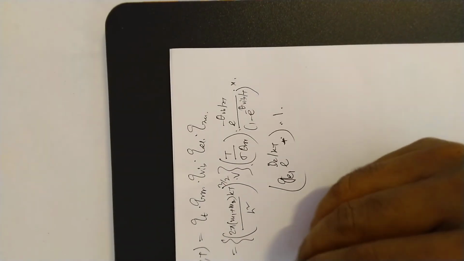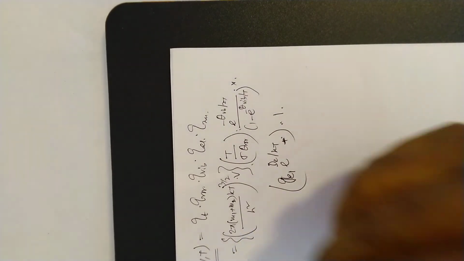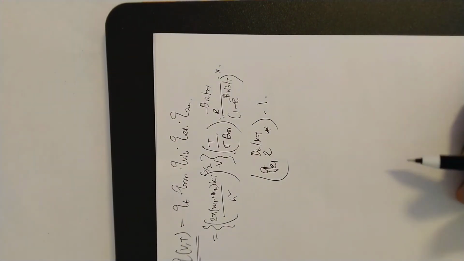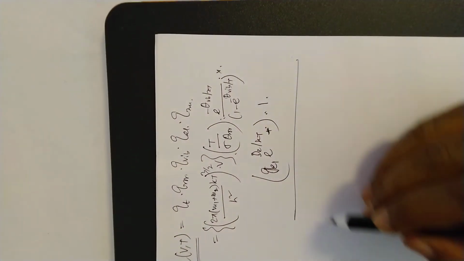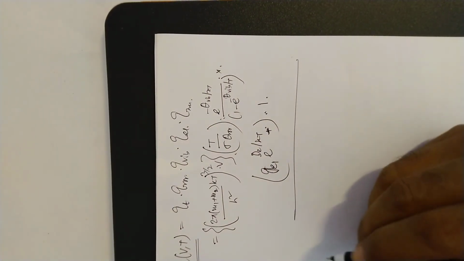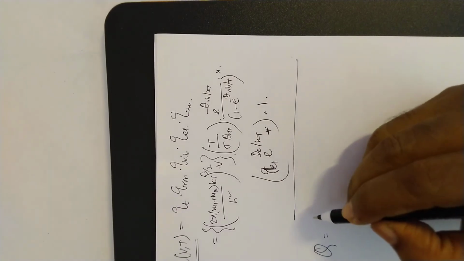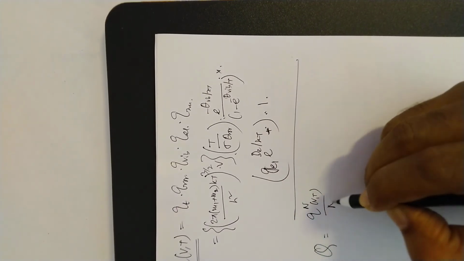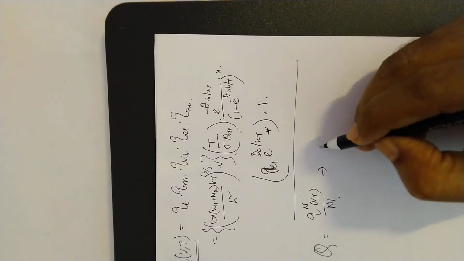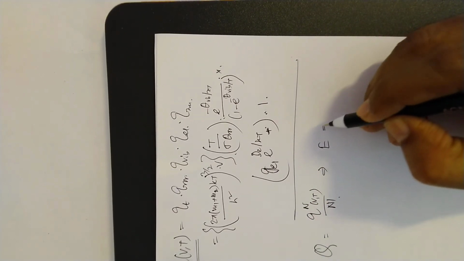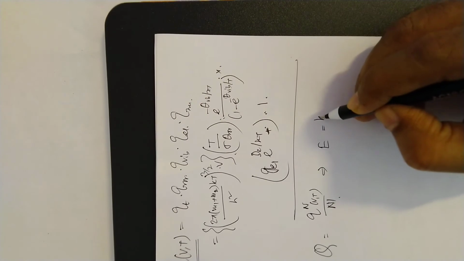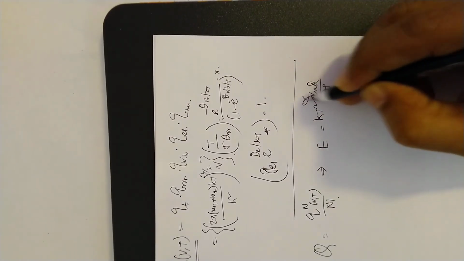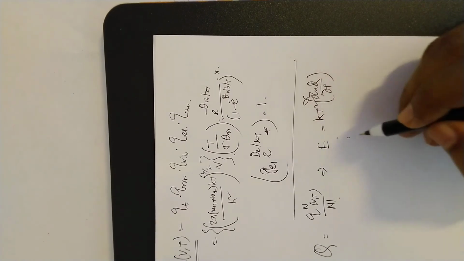So ultimately the molecular partition function for a diatomic molecule becomes like this, and once that is there, we can find capital Q under the necessary approximation, q to the power N factorial, and from here for the whole system we can find E, that is kT square del ln Q by del T, using this and other properties as well.